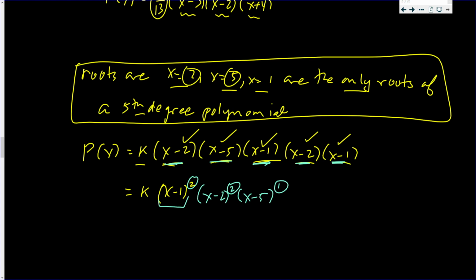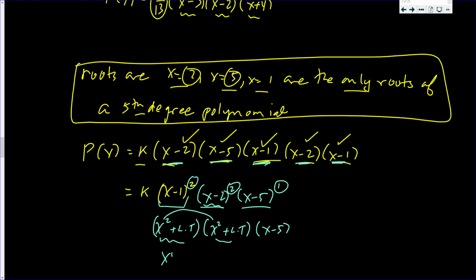If you square this, you're going to have x squared plus lower terms, like 2x plus 1. And when you multiply this, you're going to have x squared plus lower terms, when you square this, times x minus 5. When you multiply this by this, you're going to get an x to the fourth term.